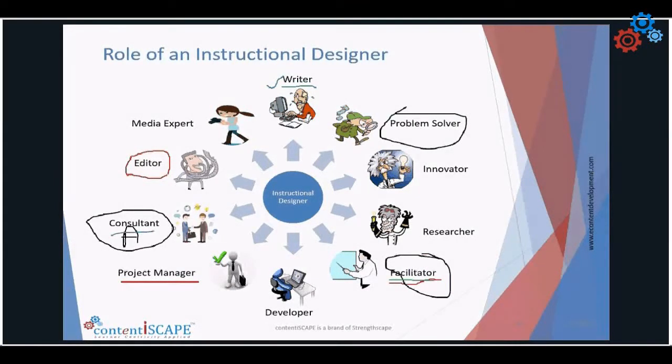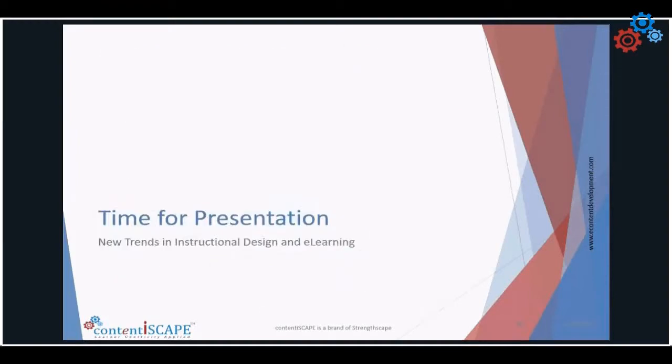It's important to remember the context, the environment, the need, and then wear the hat accordingly. Okay. So that is really the end of the role, and moving now to time for presentation.